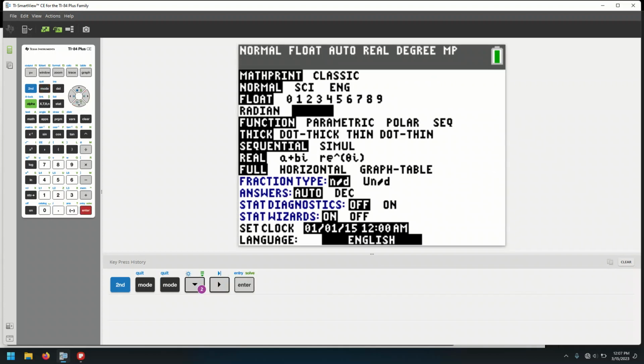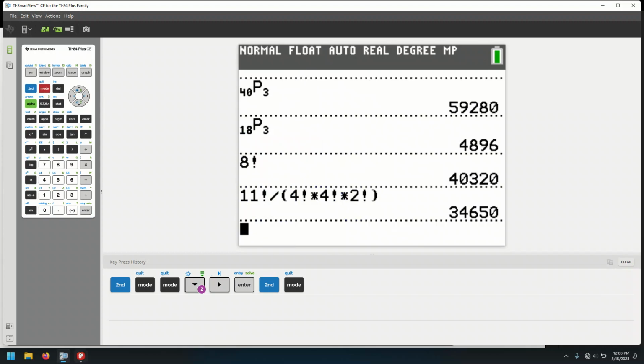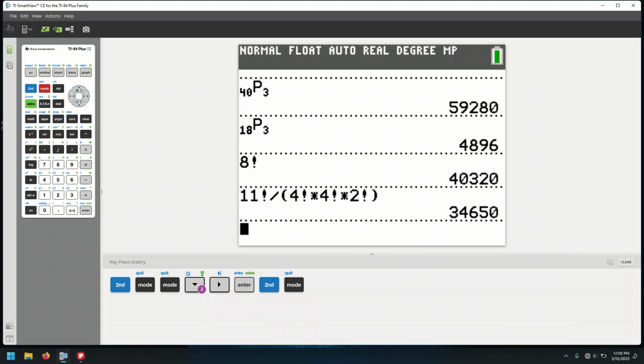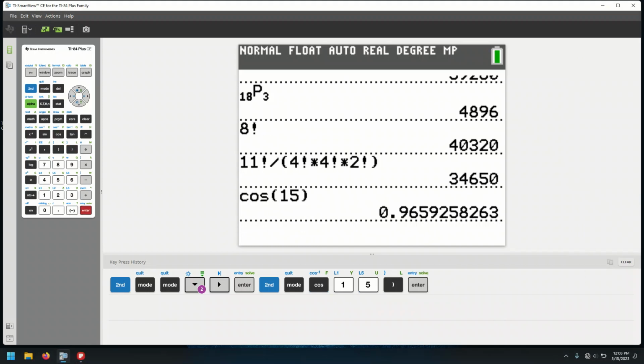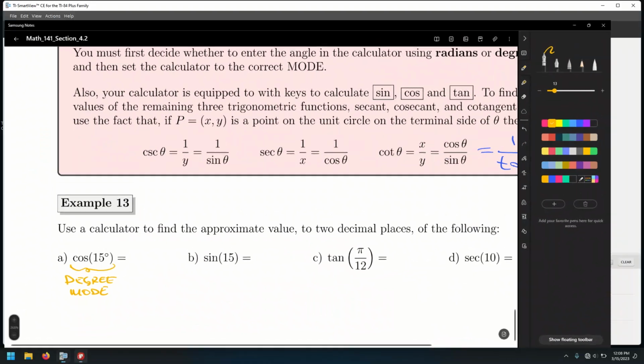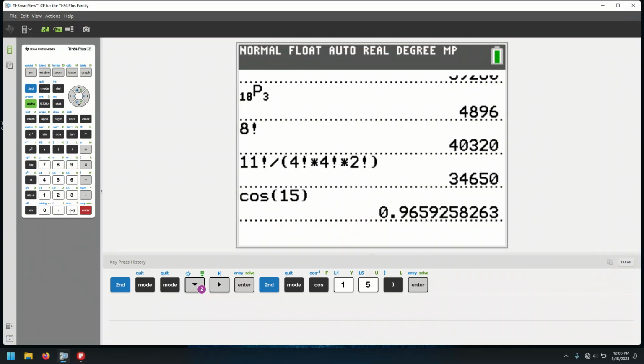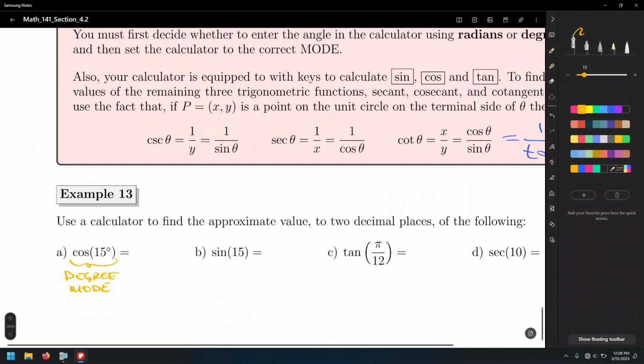Click enter, second quit, and let's evaluate cosine of 15 degrees. Final answer, 0.9659. How many decimals? 2 decimal places, 0.97.